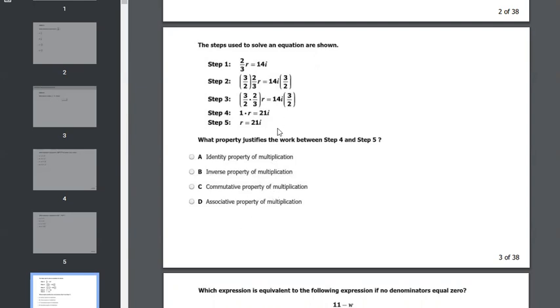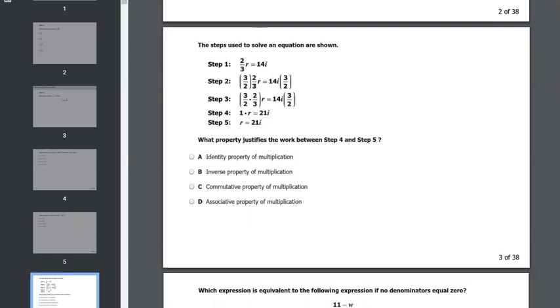So commutative means it doesn't matter which way you multiply things. You're still going to get the same answer in the end. And the associative property involves grouping, and we know that that's not happening. The inverse property is when we multiply by a reciprocal, and the identity property is when we multiply by 1.